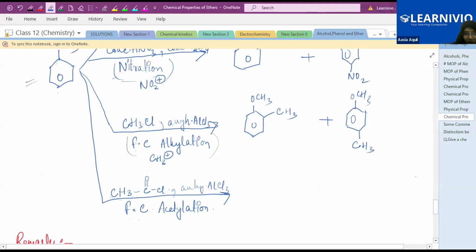So in the Friedel-Crafts acetylation, what is the electrophile? The electrophile is CH3CO plus. So it will attack anisole, OCH3 as it is, and you will write CH3CO.